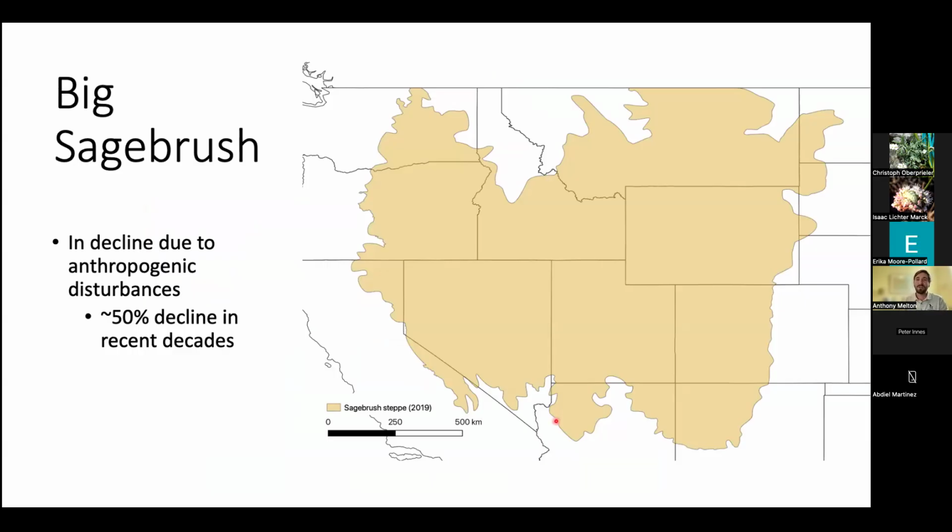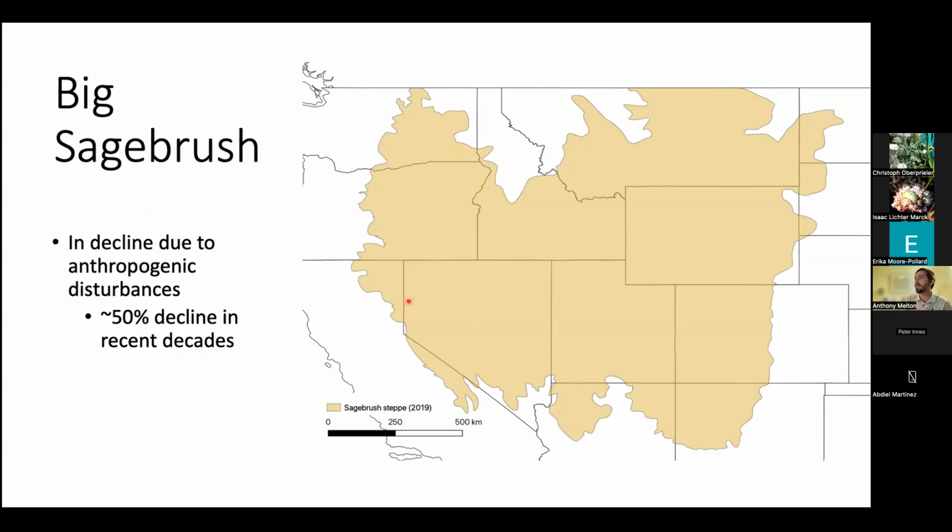Now, Artemisia tridentata once covered over a million square kilometers of Western North America, but due to human activity, expansion of big cities, and other human activities, we've seen a big decline in areas where sagebrush steppe is currently growing.